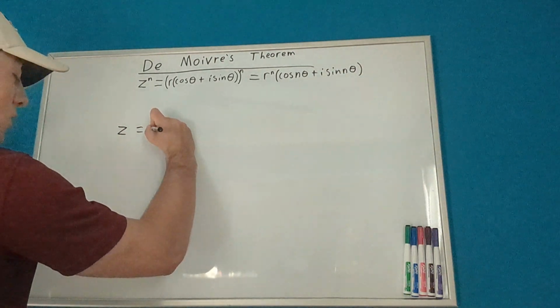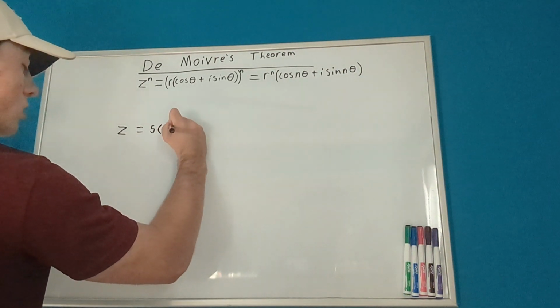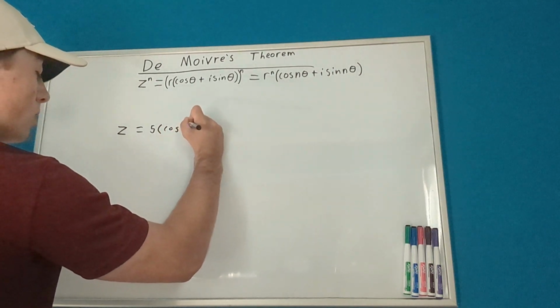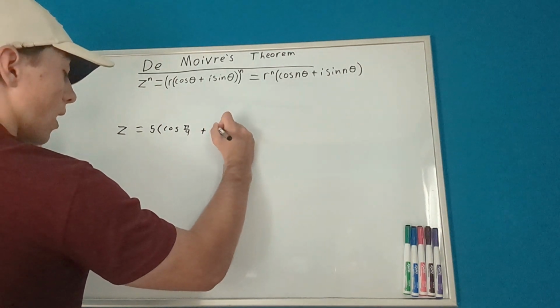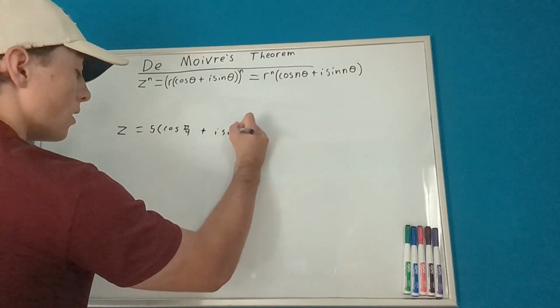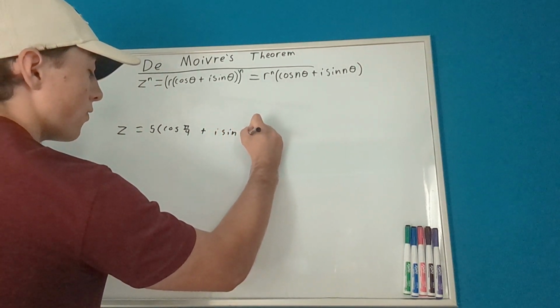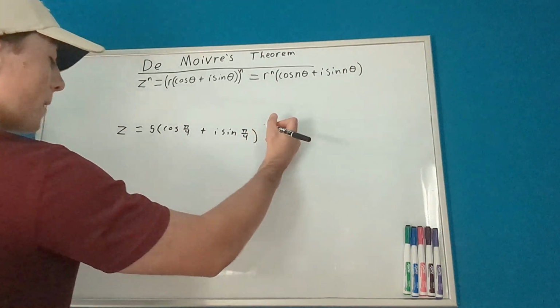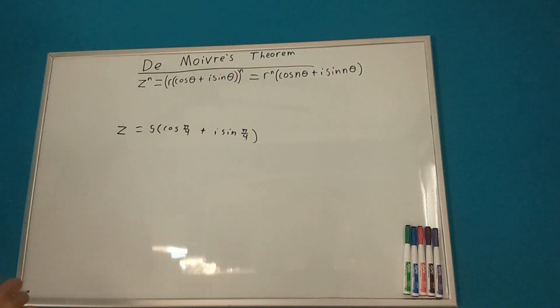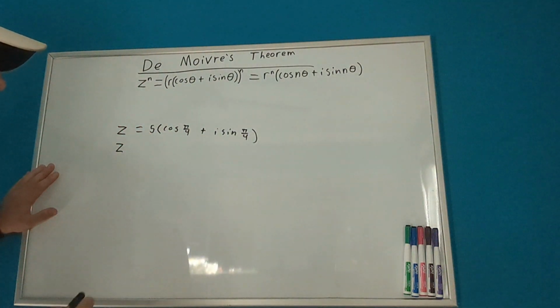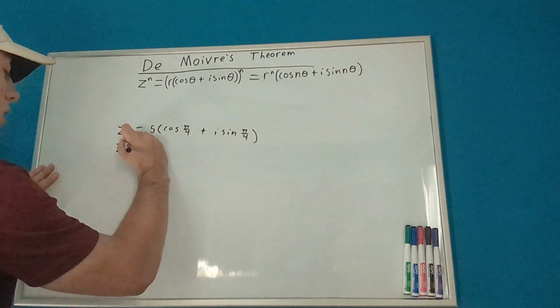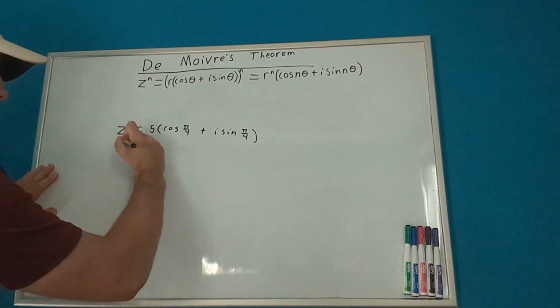Let's say our modulus is 5, cosine of pi over 4 plus i sine of pi over 4. Then what do we want to do? Well, let's cube it. We're going to raise it to the 3rd power.